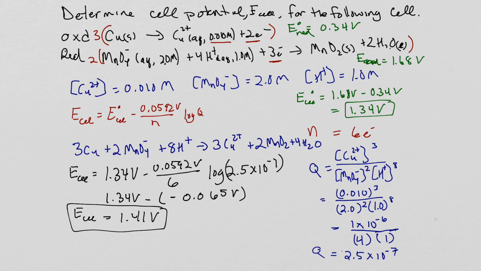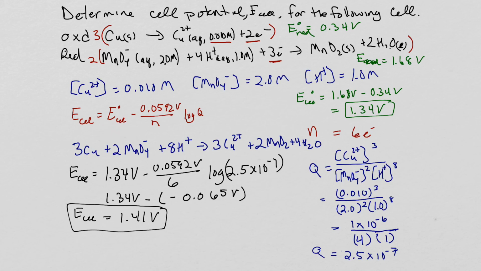So the key is we need to utilize those non-standard conditions to calculate Q, make sure that we've taken into account the balanced equation to get the right number of electrons, and calculate the standard potential from our standard reduction potentials to plug in here.